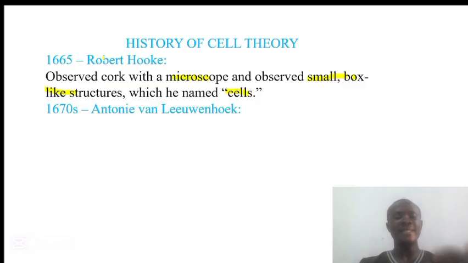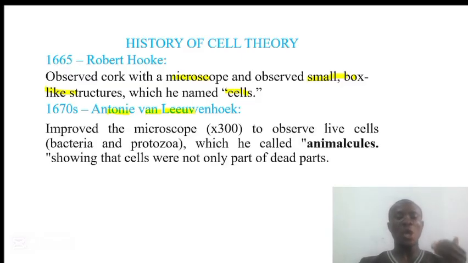In 1670, another scientist called Anthony van Leeuwenhoek. Mind you, you're supposed to know the correct spelling of the name of this scientist. Anthony van Leeuwenhoek improved on the microscope that was being used by Robert Hooke. The microscope that Robert Hooke used was just able to magnify an object 100 times its original size.